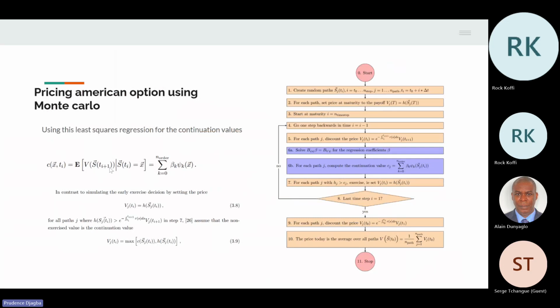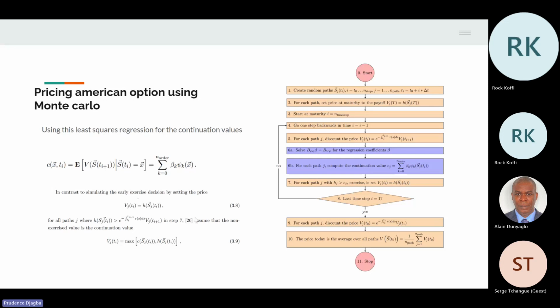And then we can use linear regression to estimate this quantity. So we set y as v and x as St, and then we do the normal linear regression.